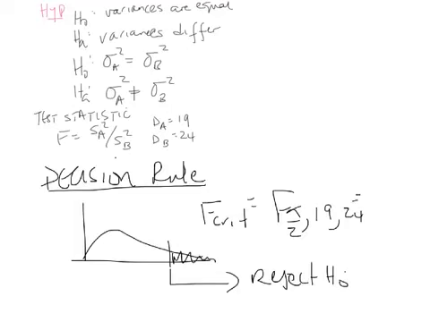Since alpha is 5%, that's equal to F 0.025, which is half of 5%, 19, 24. Our critical value turns out to be 2.345. We could look this up in Excel, or we certainly can look this up on the table.